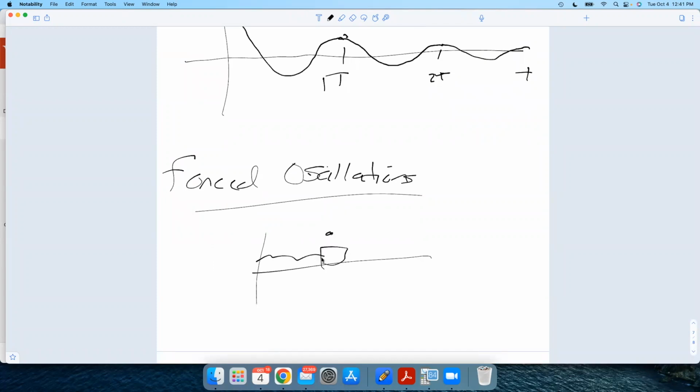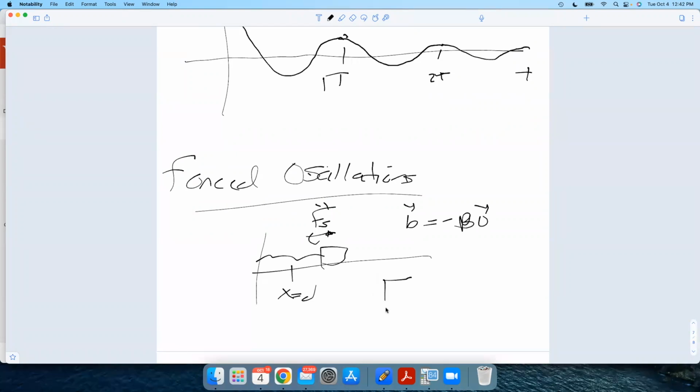If this is x equals 0 here, you've got some spring force pointing backwards, some frictional force pointing opposite of velocity. But we could also have some force function.